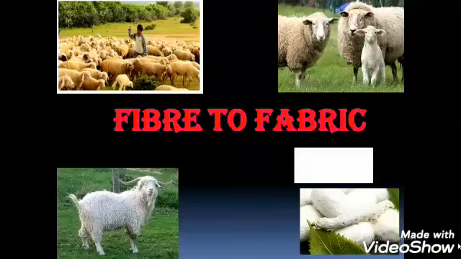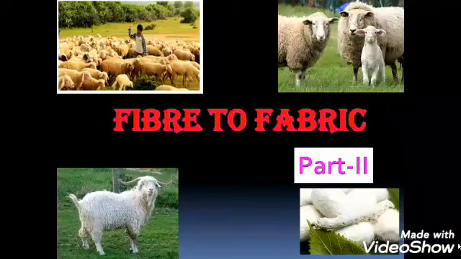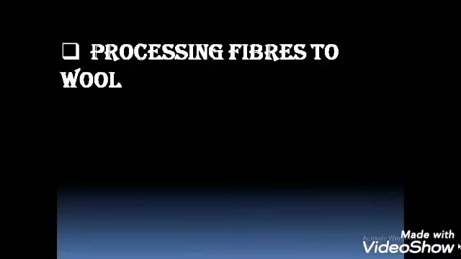You know that our chapter is Fiber to Fabric, and this is the second part of our video. Now we can move to the important points. First, the processing of fibers into wool, how we process these fibers into wool.